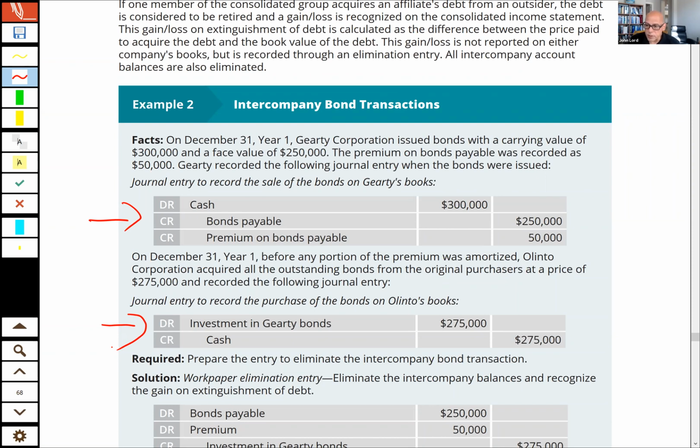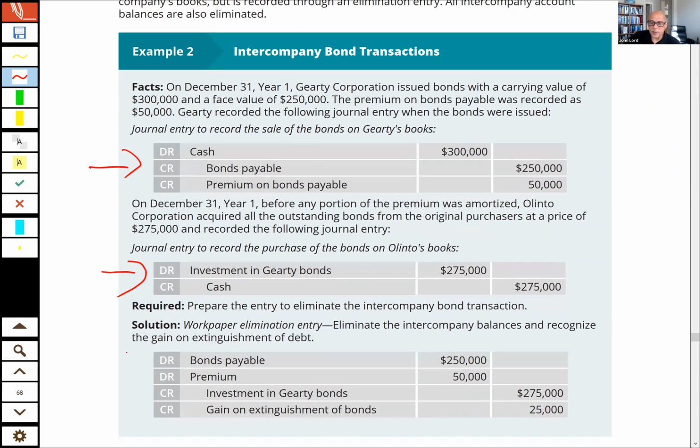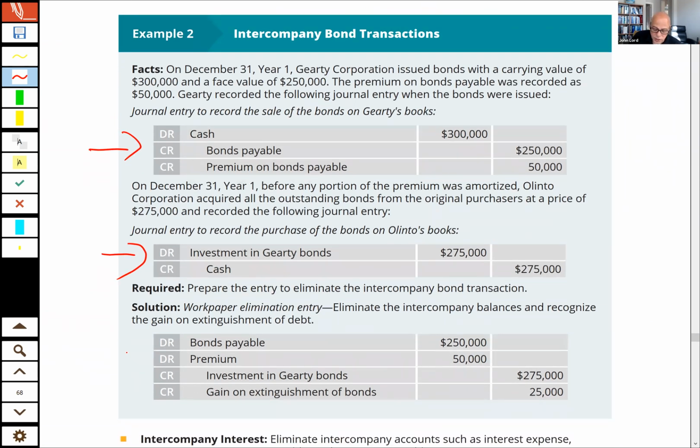Now, what happens? You sit there though, and the next day, you do the consolidation, and what happens? Well, now, in effect, what? On a consolidated basis, you were able to sell bonds, and you only have to pay back what? You only have to pay back the 250, but you got what? You got this 275.